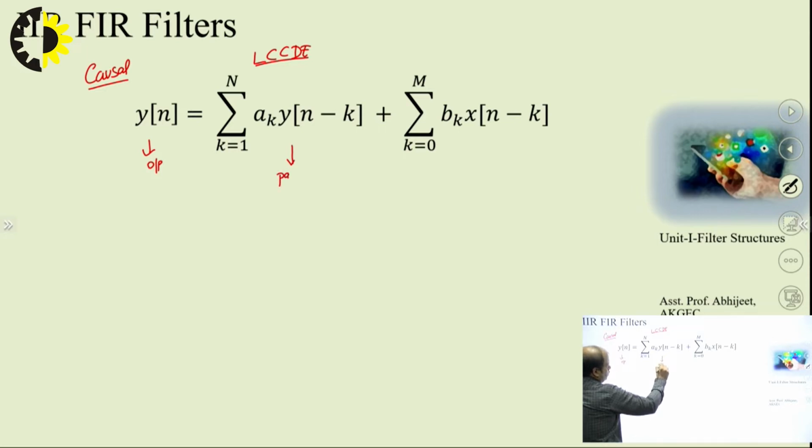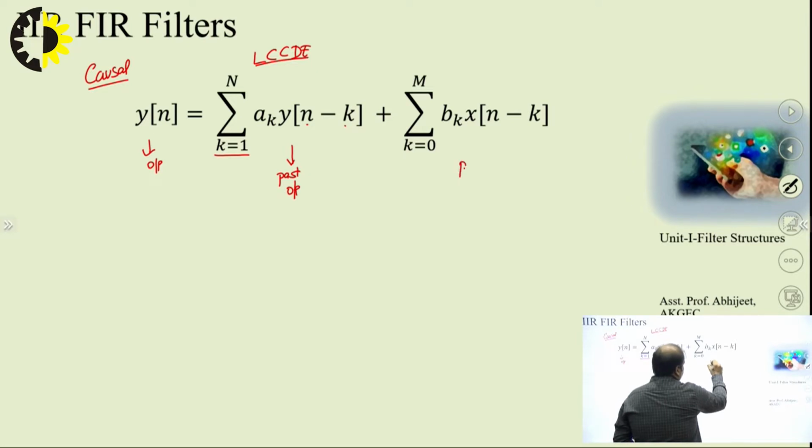past outputs, which starts from k equal to 1. So, you can understand this will be y of n minus 1, n minus 2, n minus 3, which are past outputs, and present plus past inputs.